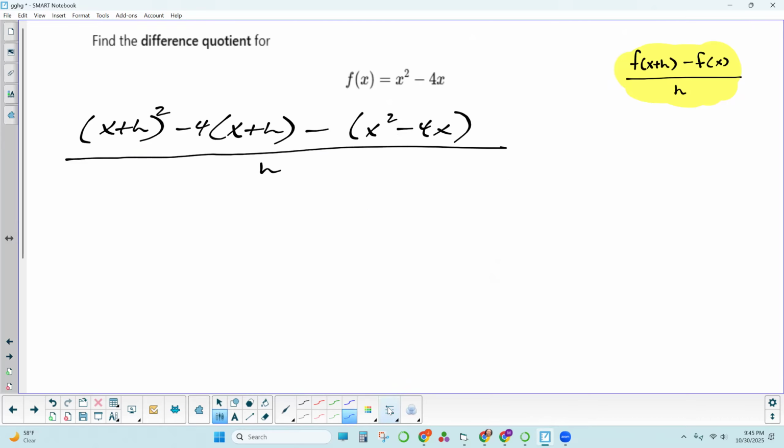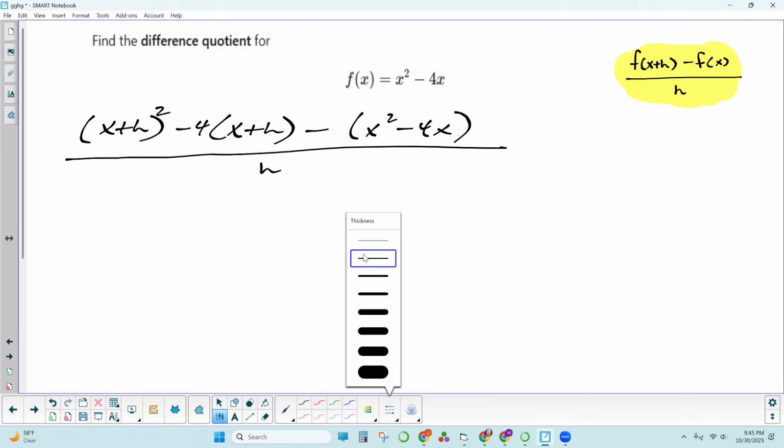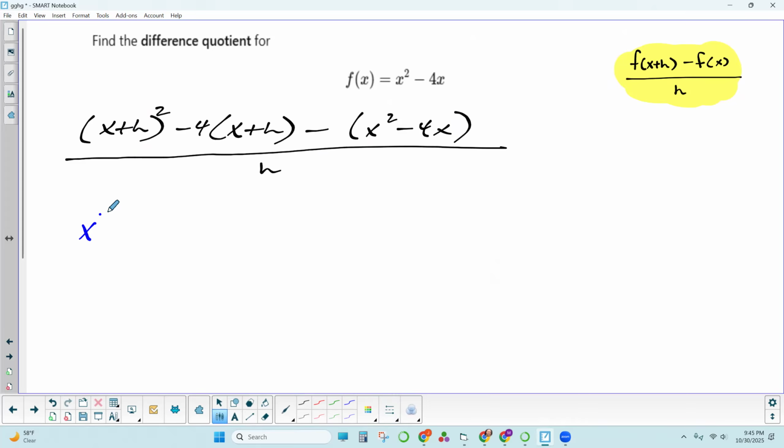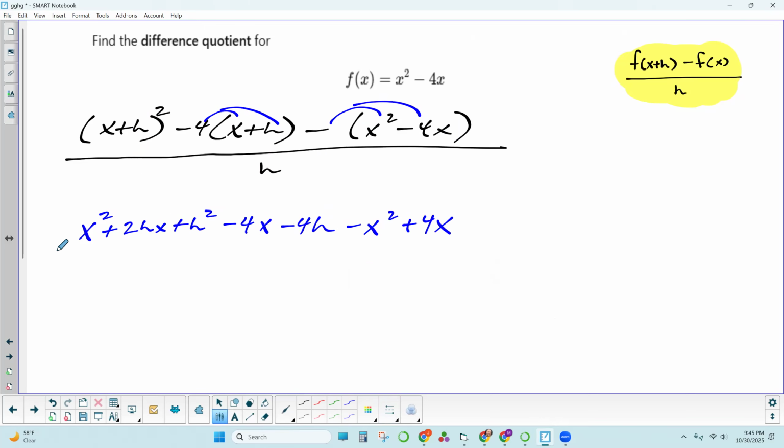Let's simplify this. X plus h squared is going to be x squared plus 2hx plus h squared. Distribute the negative: minus 4x minus 4h. Distribute here: negative x squared plus 4x, all over h.